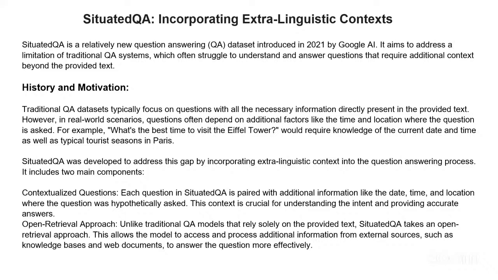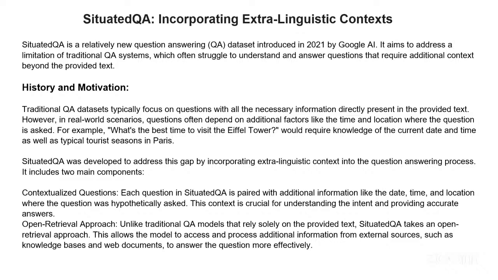Then there is Situated QA, which was developed to address the gap by incorporating extra-linguistic context into the question answering process. It includes two main components: first, contextualized questions, and second, the open retrieval approach.